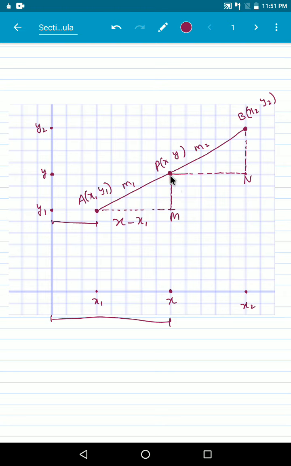So this part PM will be y minus y1. I hope you understood this. See, from here to here it is y, complete y, and this part is y1. So obviously this one will be the complete thing, y minus y1. All right. Okay. So this is one triangle. Let me draw this triangle here.